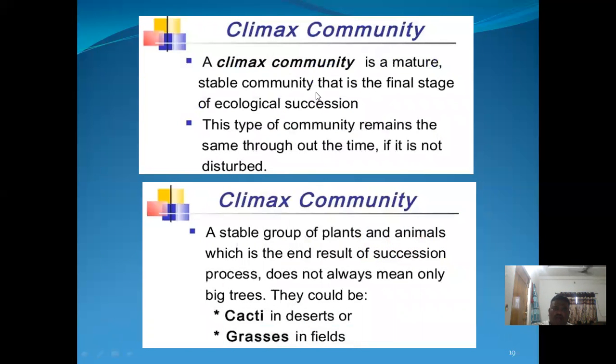Now, the climax community is a mature, stable community. That is the final stage of ecological succession. This type of community remains the same throughout time if it is not disturbed. The climax community, a stable group of plants and animals, which is the end result of the succession process, does not always mean only forests. They could be cacti in a desert or grasses in a field.